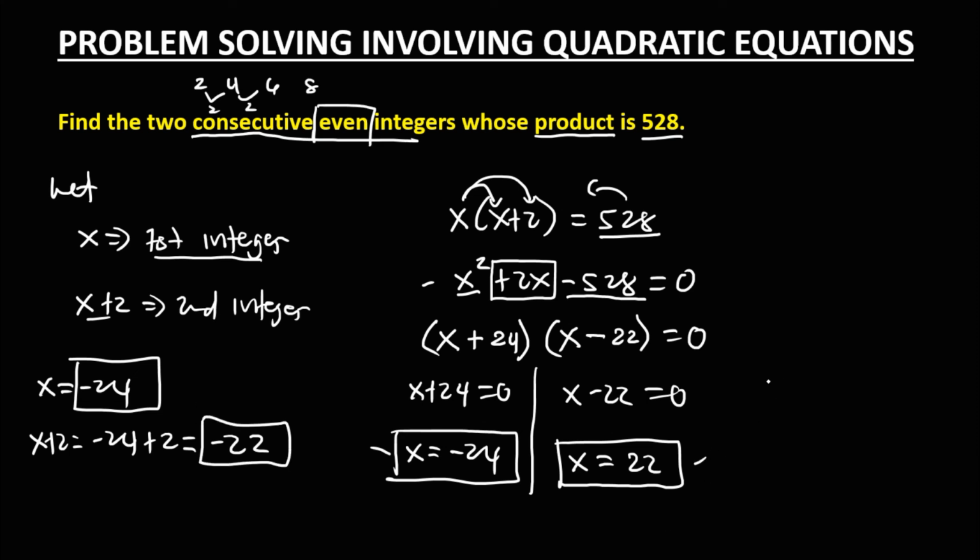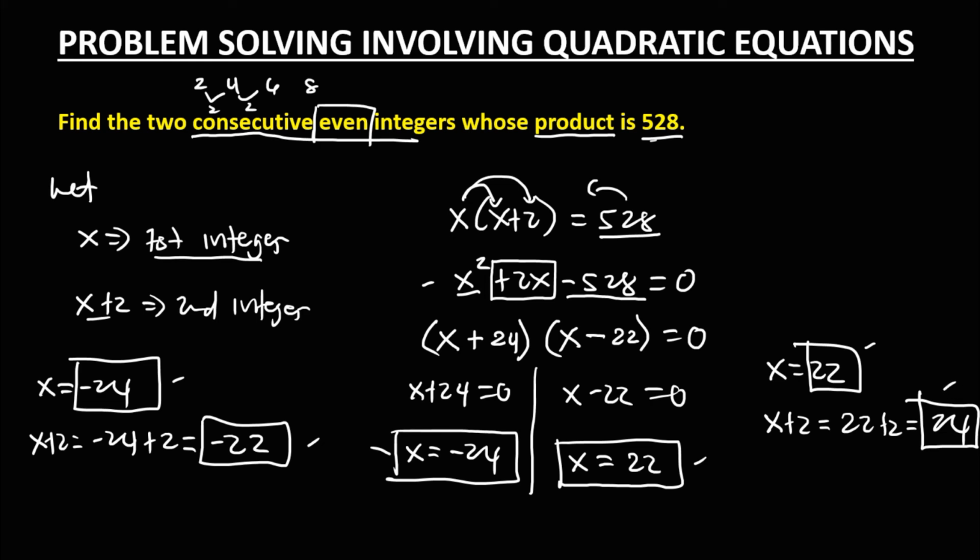And also if x equals positive 22, the second even integer is 22 plus 2, that's 24. So these are the other two consecutive integers whose product is 528. So we have negative 22 and negative 24, and the other one, positive 22 and positive 24.